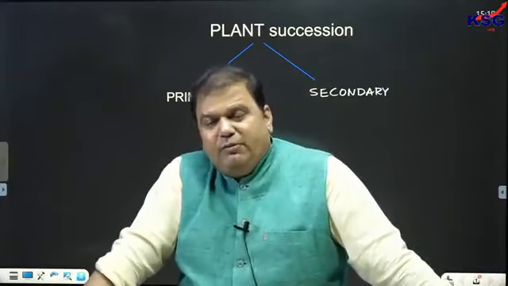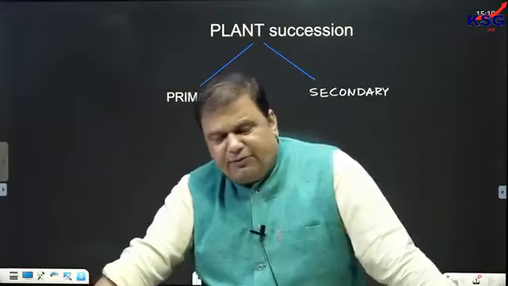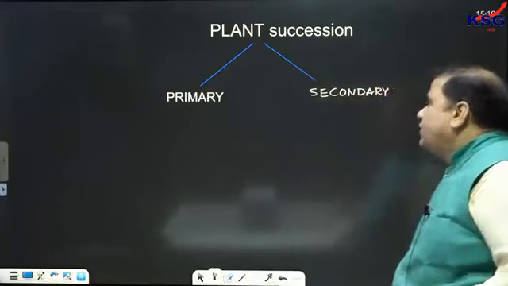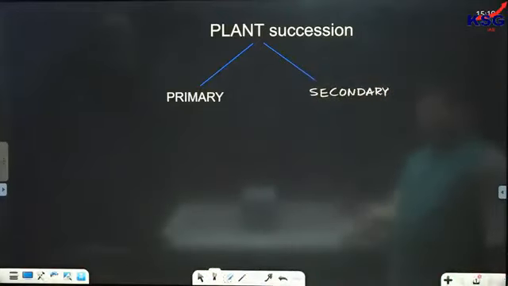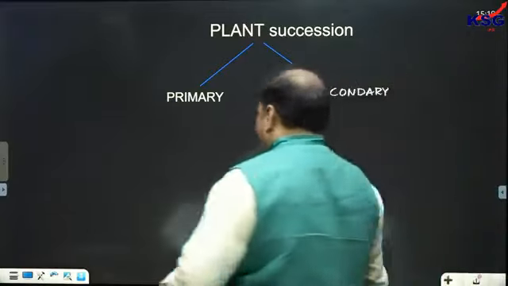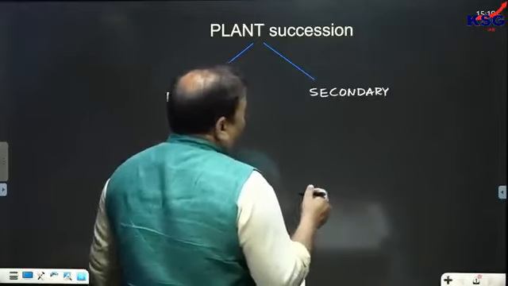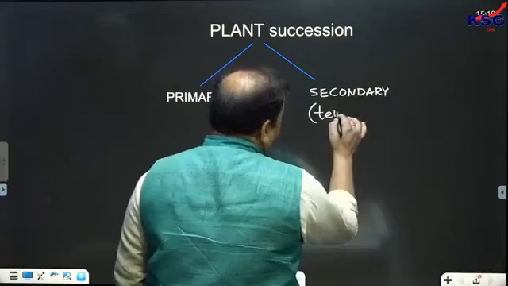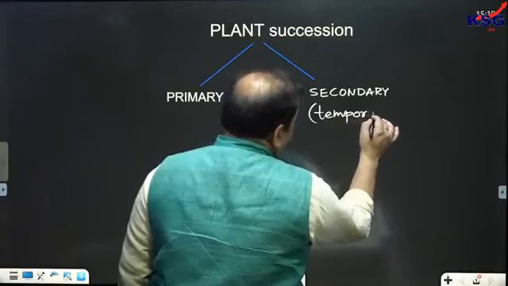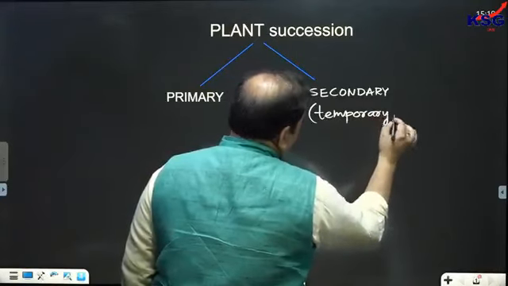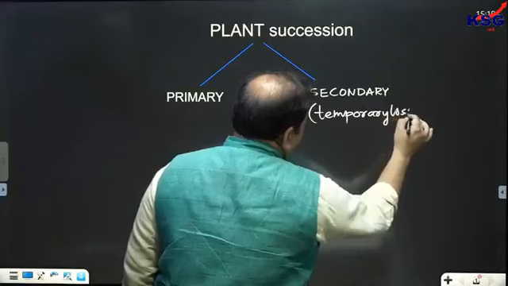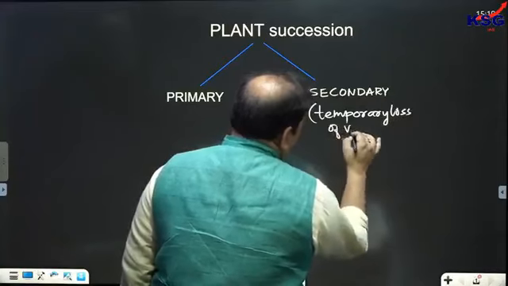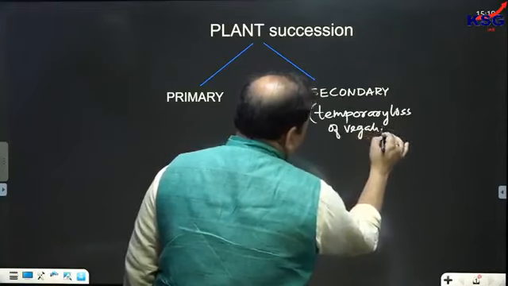But if vegetation existed in that area and there is temporary loss of vegetation, which can be due to wildfires or droughts, then in that area, if plant succession takes place, it would be called secondary plant succession.